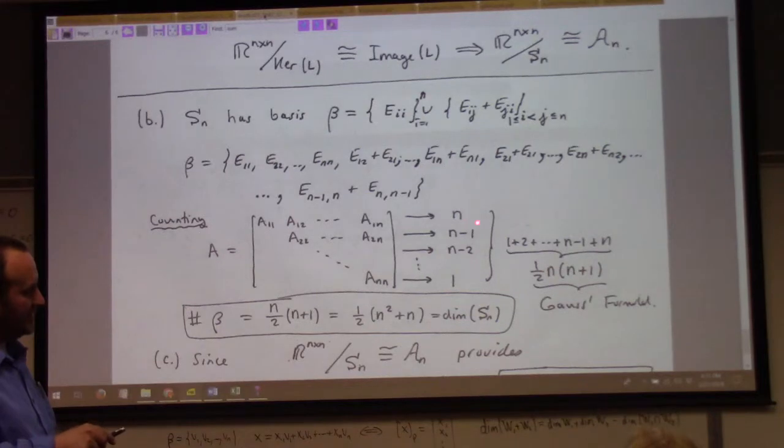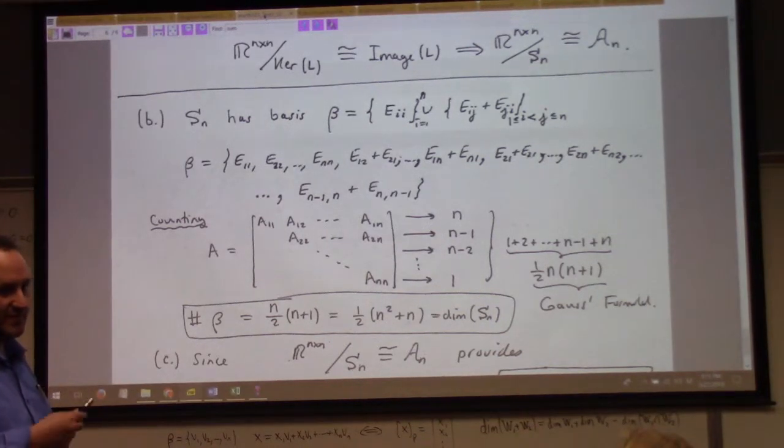So you're looking at n plus n minus 1 plus n minus 2, or in other words, 1 plus 2 plus and so on plus n minus 1 plus n. Hey, Gauss knew this was 1/2 n times n plus 1. Doubtless you have worked this as an induction example in Math 200: the sum of the first n numbers is equal to 1/2 n squared plus n. And that is in fact the dimension of the symmetric matrices.